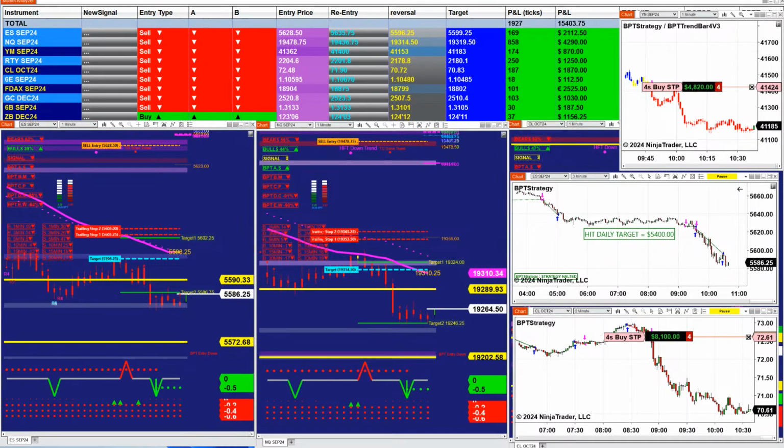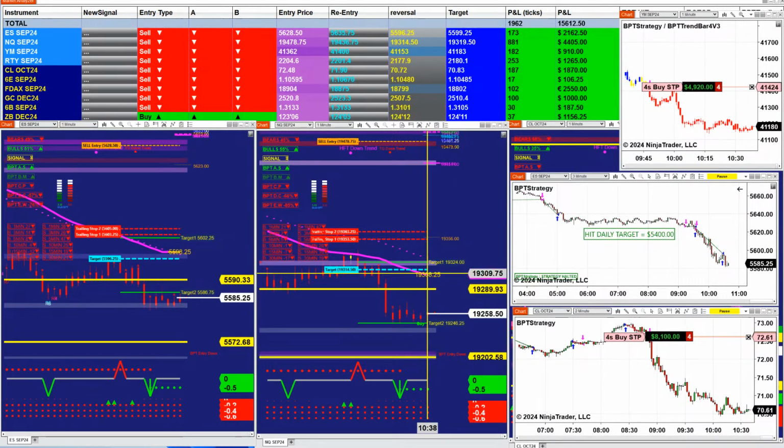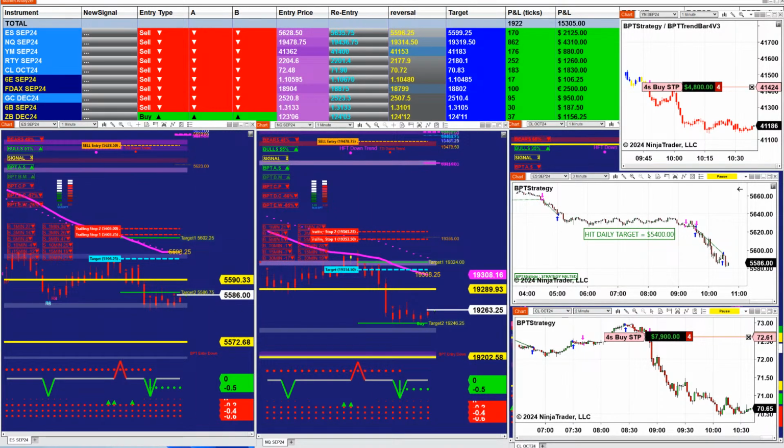So now, again, the same story on the NASDAQ. From here to here, if the market keeps going to the re-entry 19,307, you have 30-40% of the NASDAQ traders already in a long position. Trust me.